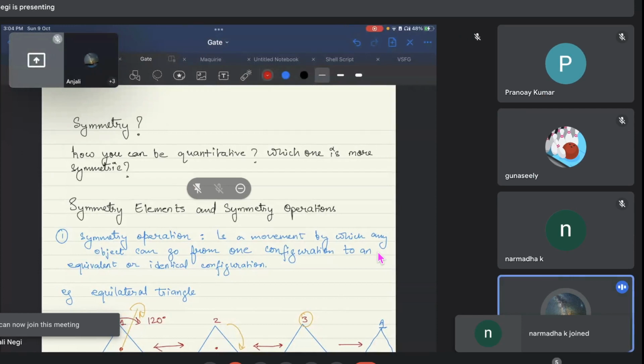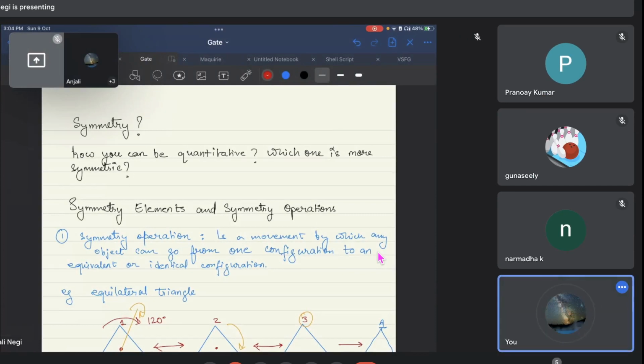So the symmetry elements and symmetry operations are built up to define which molecule is more symmetric in comparison to the other one.